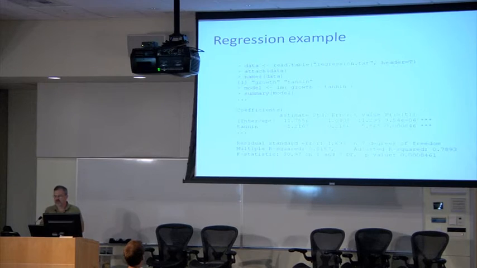So if I say names, it tells me here are the column names. And then I say fit a linear model for growth as a function of tannins. And that's it. It does a simple linear regression, and if you type summary, it will show you all the gory details of what it's concluded from linear regression.